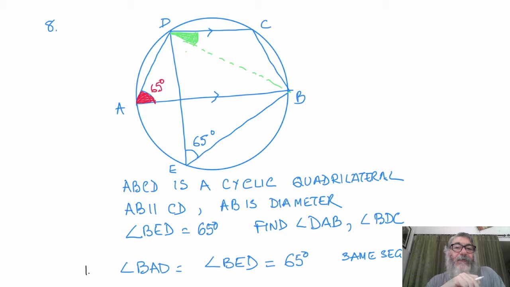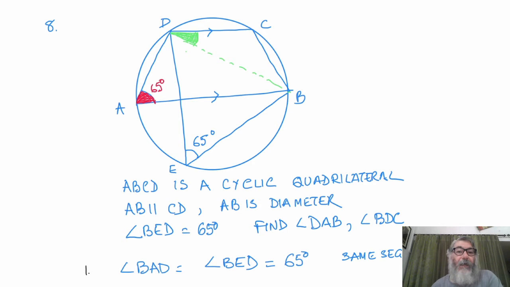E as well as A are on the same side of the chord. So they become angles in the same segment of a circle, which I have written: BAD is equal to BED is equal to 65. Angles in the same segment of a circle are equal.